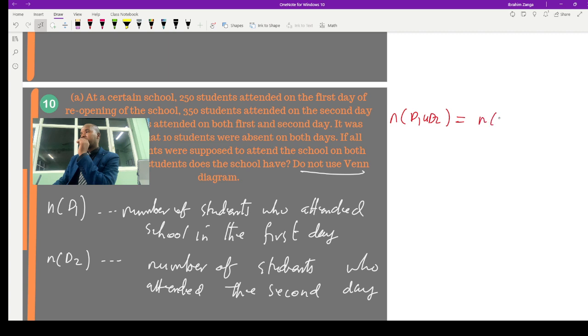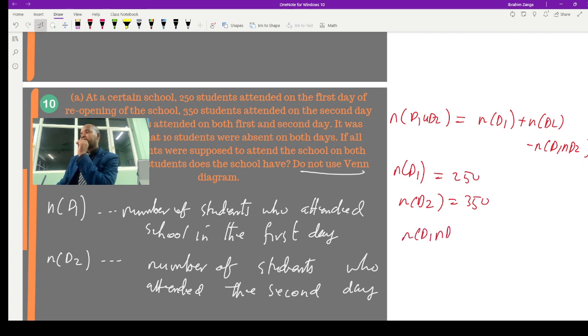This is going to be the number of D1 plus the number of D2 minus the number of D1 intersection D2. From the question, the number of D1 was 250, the number of D2 was 350, and the number of D1 intersection D2 was 150.